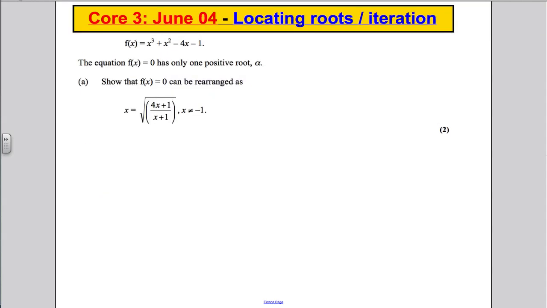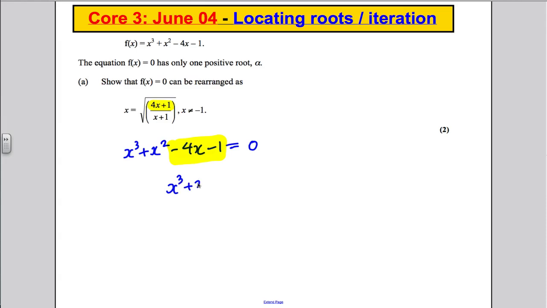Right, working our way through these, we are asked to show that f of x is 0 can be arranged as follows. Dead easy, let f of x be 0, i.e. let x cubed plus x squared subtract 4x subtract 1 equals 0. Notice, in what we're trying to do, we've got 4x plus 1. We've almost got that here, but if we added 4x plus 1 to both sides, we would get that.